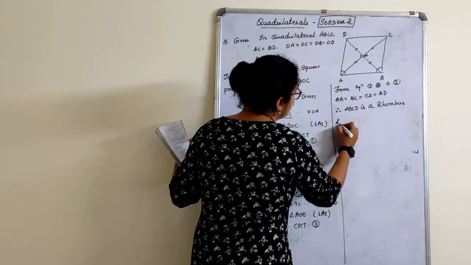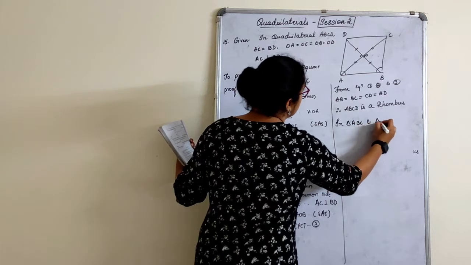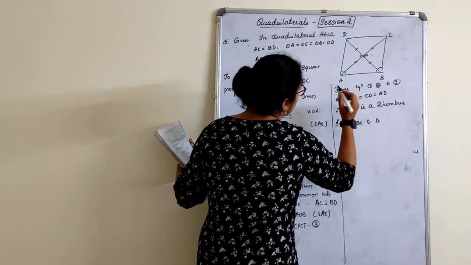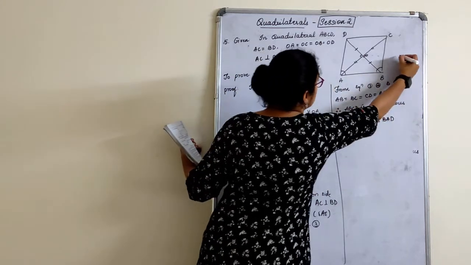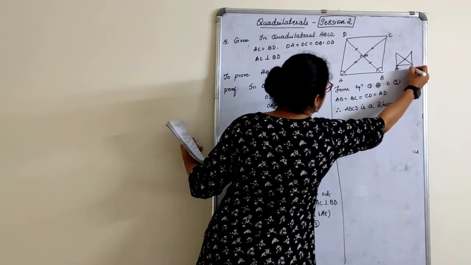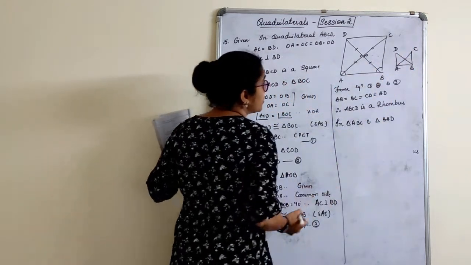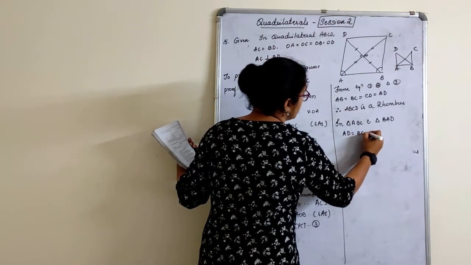Choose the triangles now. In triangle ABC and triangle BAD. So, it is this triangle what I have chosen, children. A, B, C and D. So we know that AD is equal to BC.